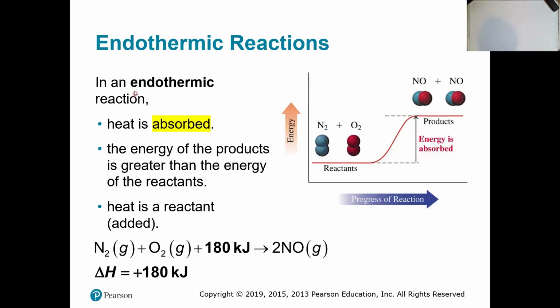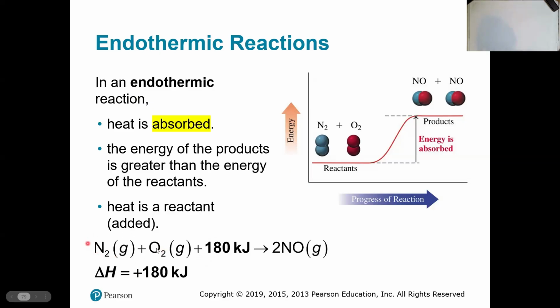The way that I remember this is similar to the last one. The word endothermic starts with EN, and the word enter starts with EN as well. So this would be like the entrance, right? The beginning of your reaction, you can consider it like the entrance. The end of your reaction can be the exit.